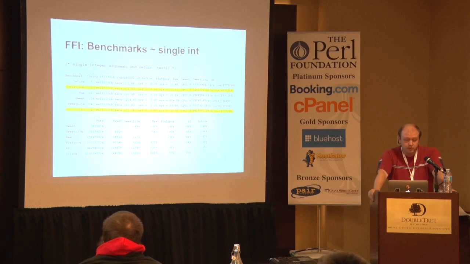This is a really easy call to make, just single integer arguments. But if you compare it to raw, for example, it's much slower, and Suite is really slow. I think we just need to attach a profiler and see what's going on there. Are there any questions so far? No?